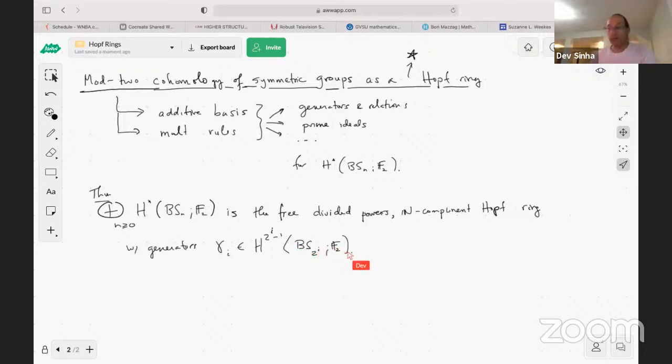Okay. And by the way, as I said, I'm going to scale back. Gamma_i is represented by the geometric cocycle where 2^i points share their first coordinate. In the first additional lecture I gave in this little series, we talked about Fox-Neuwirth manifolds with corners.